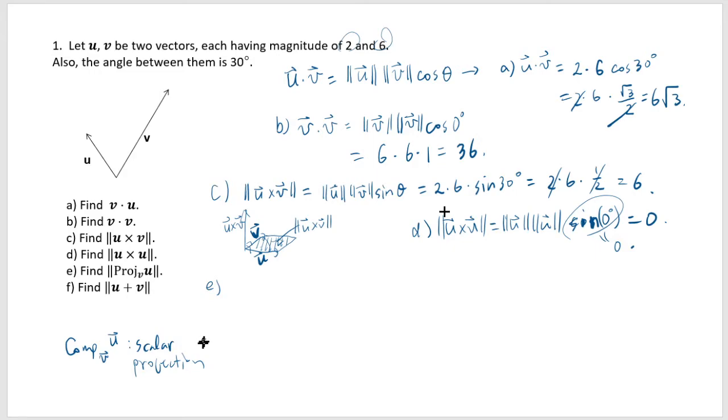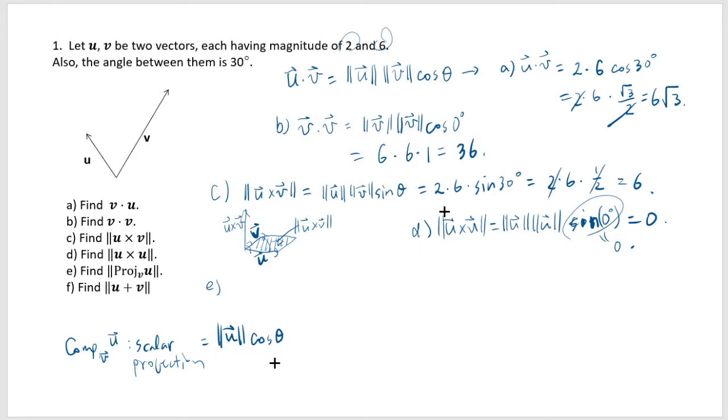It's really a component of u in the direction of v, so you multiply by the cosine of the angle between u and v.